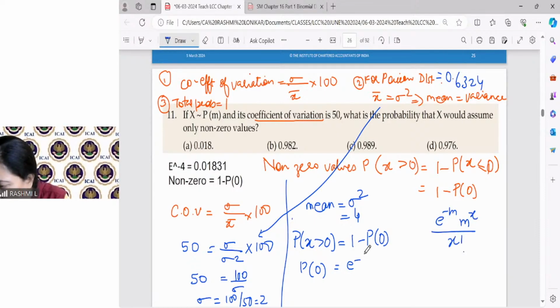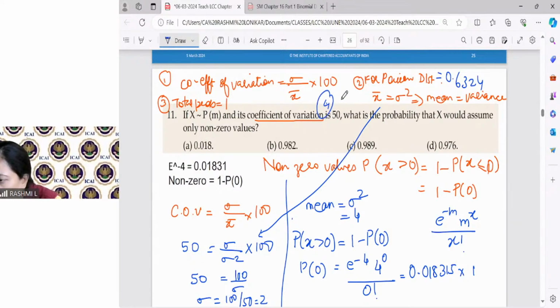So e raised to minus 4, 4 raised to 0 upon 0 factorial. E raised to minus 4 is given to me as 0.018315 into 4 raised to 0, which I know is 1, because a raised to 0 is equal to 1. And 0 factorial is also equal to 1. So the answer is 0.018.